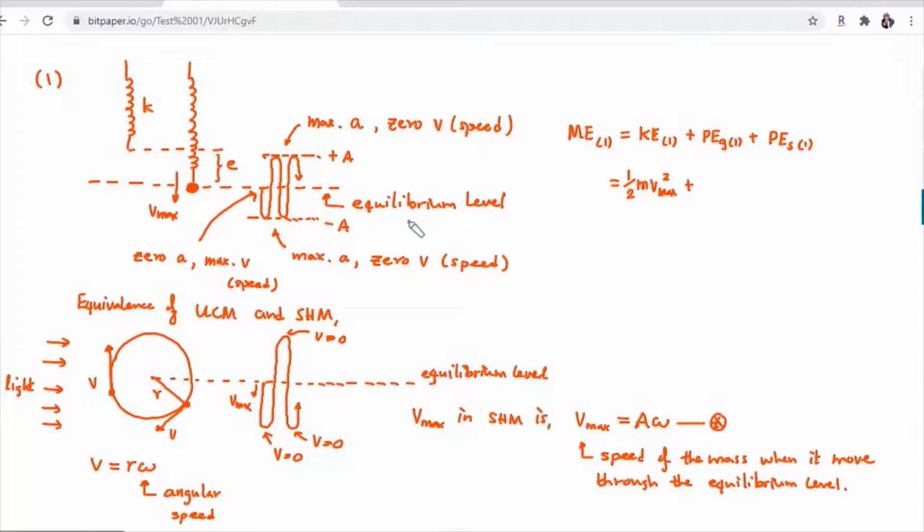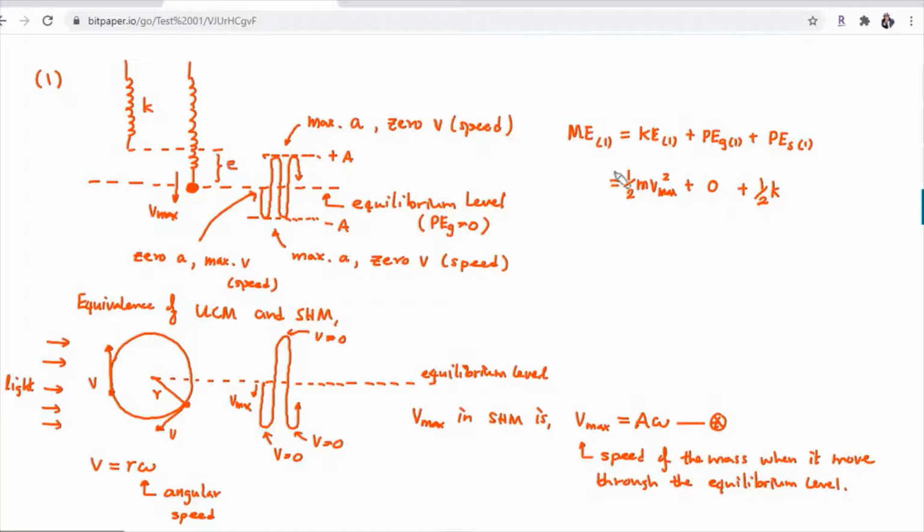Equilibrium level is considered as potential energy 0 level, potential energy due to gravity 0 level. So that means I can put a 0 over there. Then I have potential energy elastic, or the potential energy of the spring, that is 1/2 k extension squared.